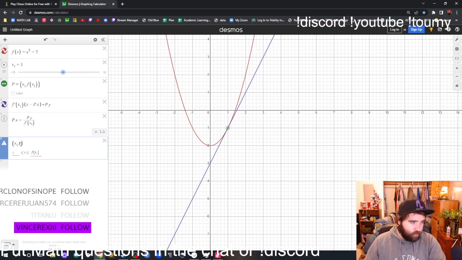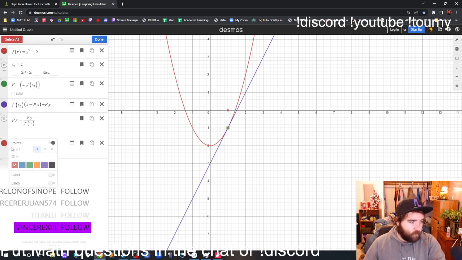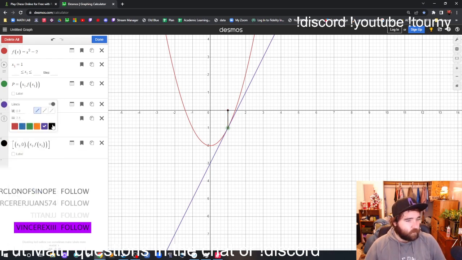I need to do a set of points, which is x1 comma 0, and x1 comma f of x1. And then you can do 2 points, and then you can connect them with a line. There we go. I don't know what the best color is to make things.